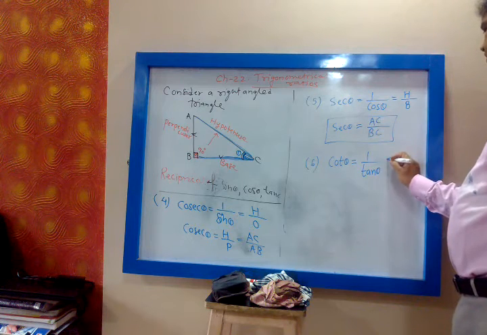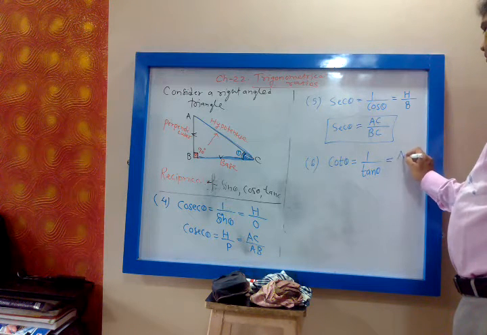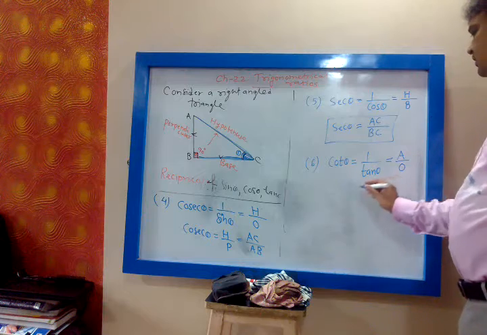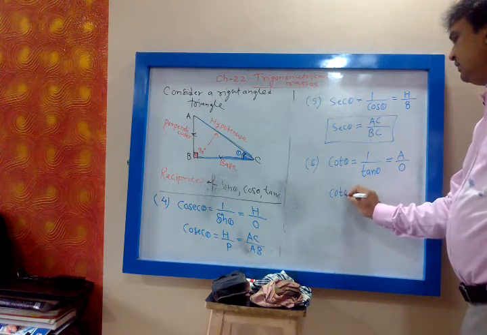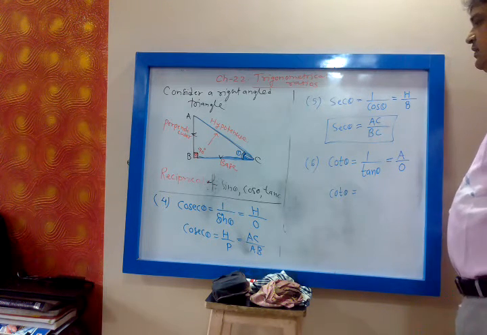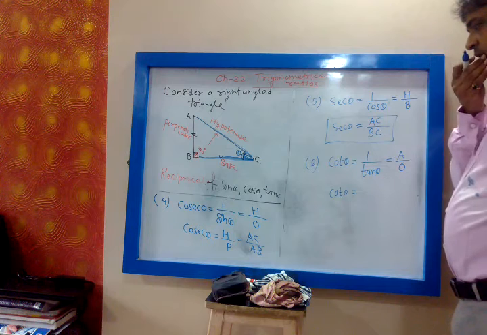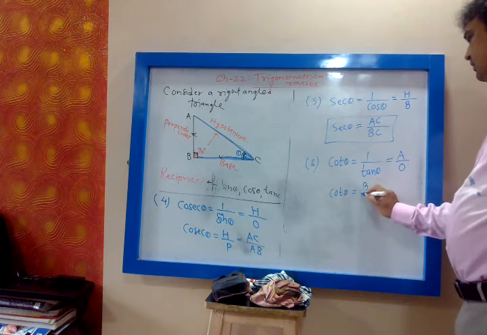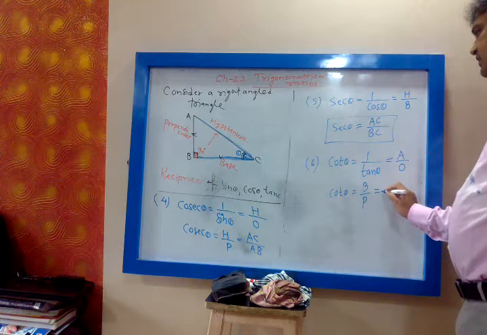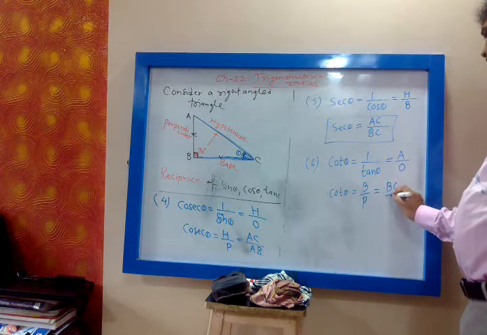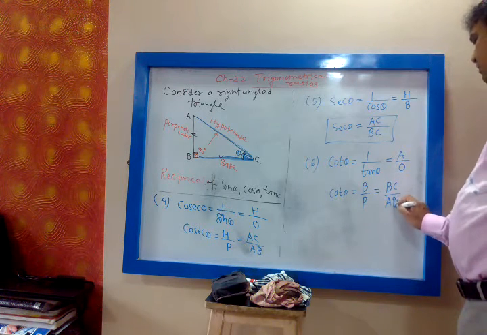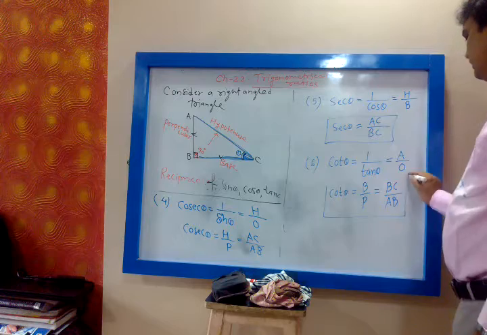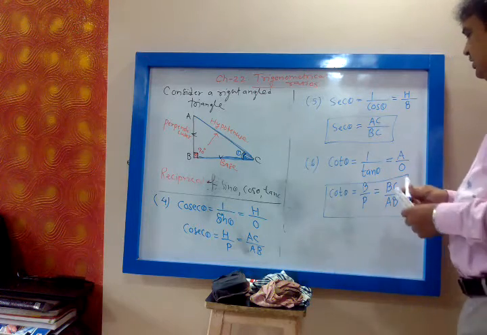Opposite upon adjacent, so that will be adjacent upon opposite. So cot theta is base upon perpendicular, and that is BC upon AB. BC upon AB is cot theta.